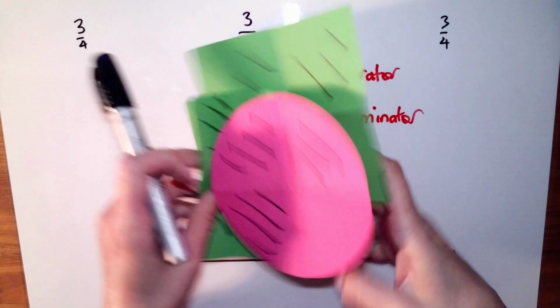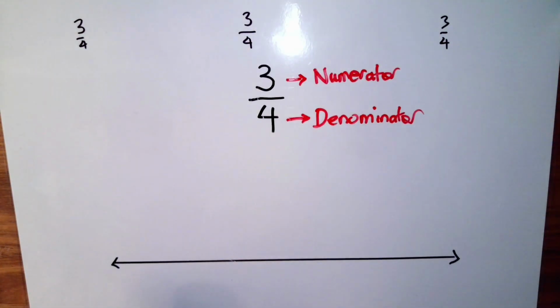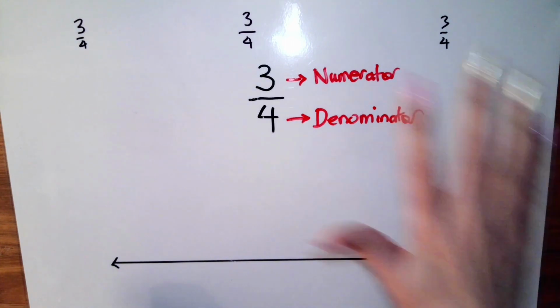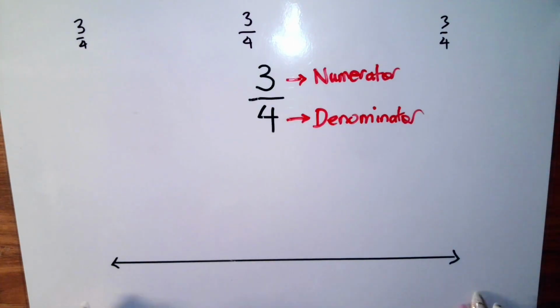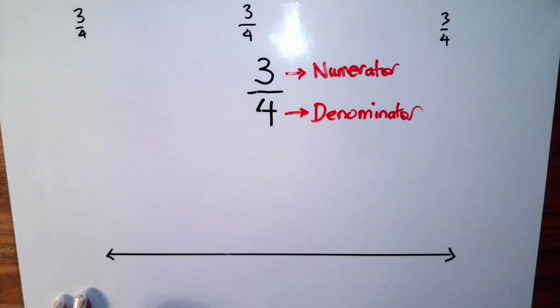Another way of doing it is to give them a collection of 4 counters and ask them to show you 3/4 of those 4. But start with the area model first, then move into the number line, because remember, you want the students to understand that 3/4 is a number that falls between 0 and 1.